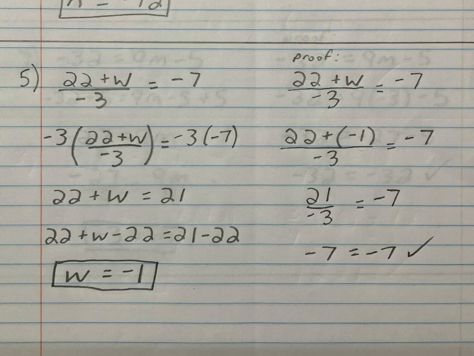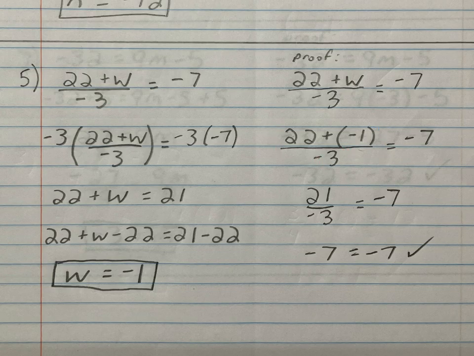So we take the original equation unchanged, then we substitute in where there was W, we put in parentheses negative 1. Everything else stays exactly the same as it was in the original equation. Then we resolve this first. Remember, with the invisible parentheses, we have to do all of this as the first step. Then we will divide by negative 3.